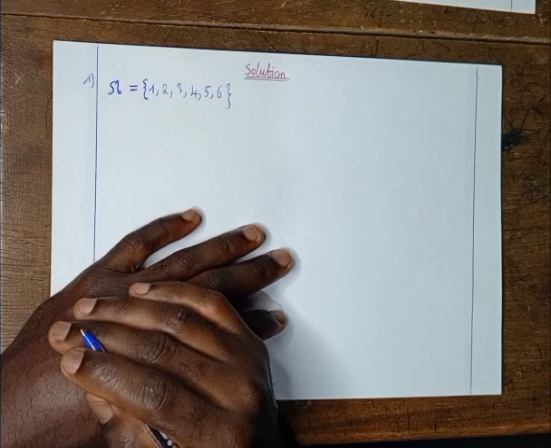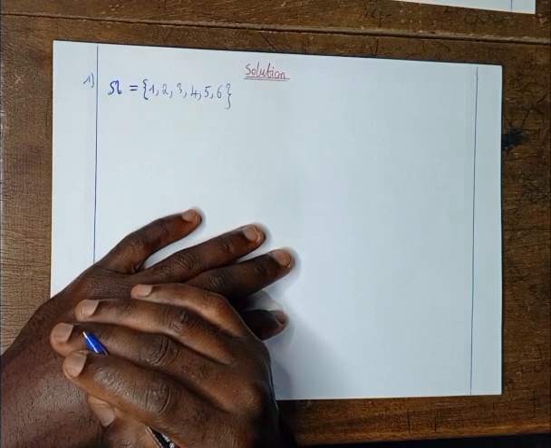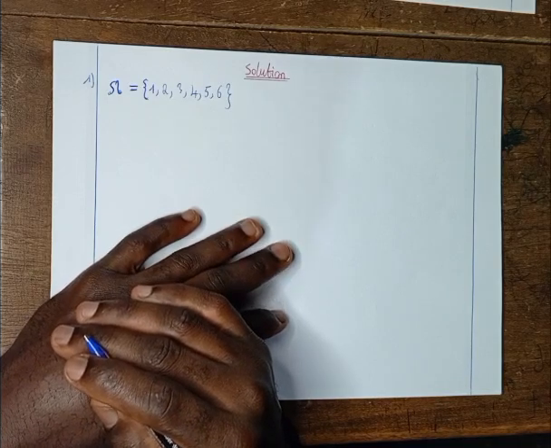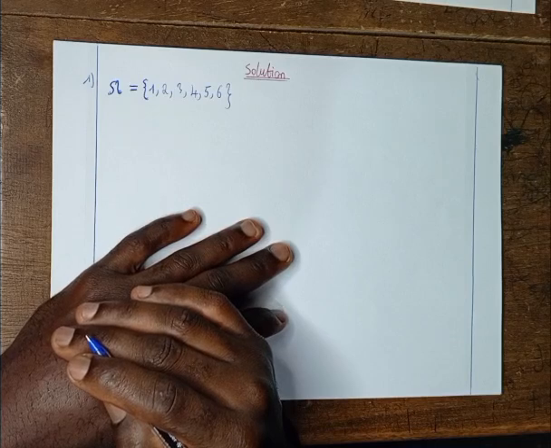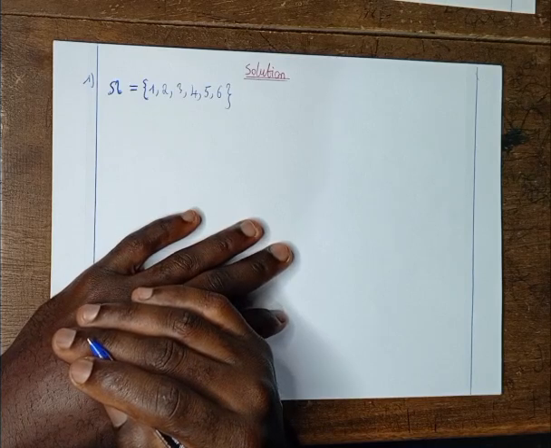Next, we have to find the probability of getting an even number. First, when we talk of probability, we know probability is the likelihood of something occurring.